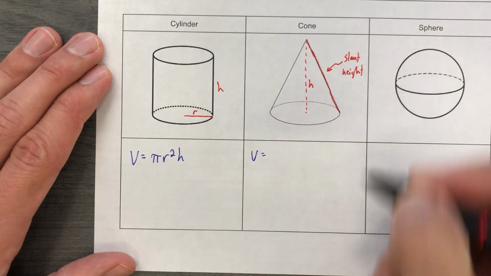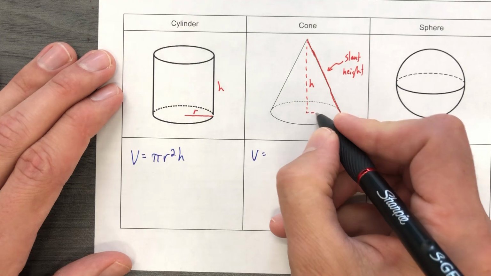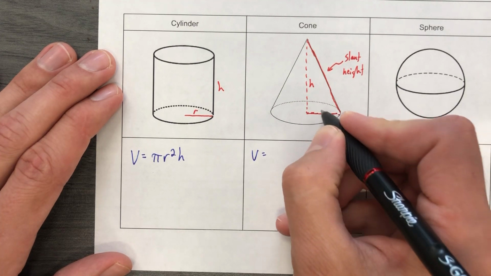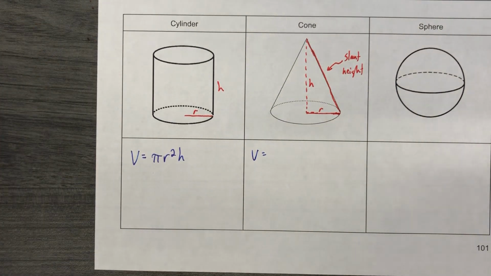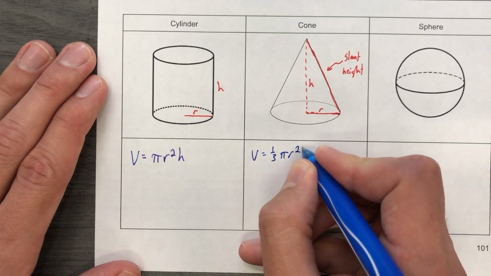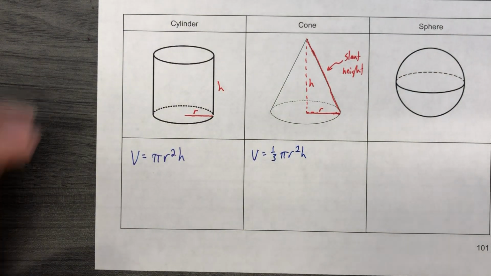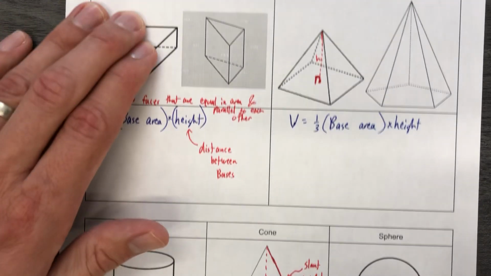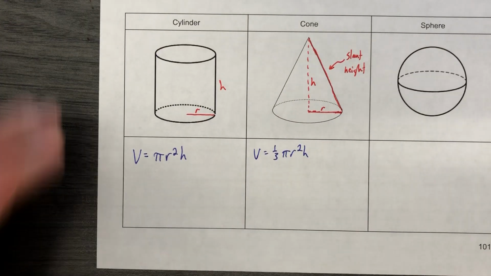And this is the radius. In this case, it's going to be 1/3 pi r squared h, similar to a pyramid. A prism compared to a pyramid, the pyramid is a third. Cylinder compared to a cone, the cone is a third.